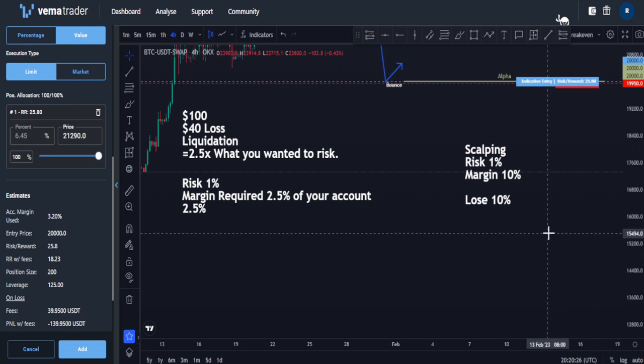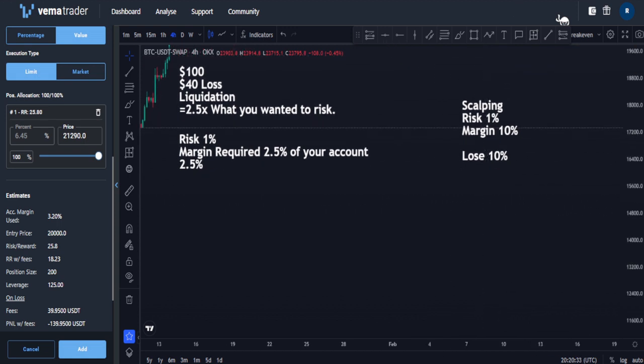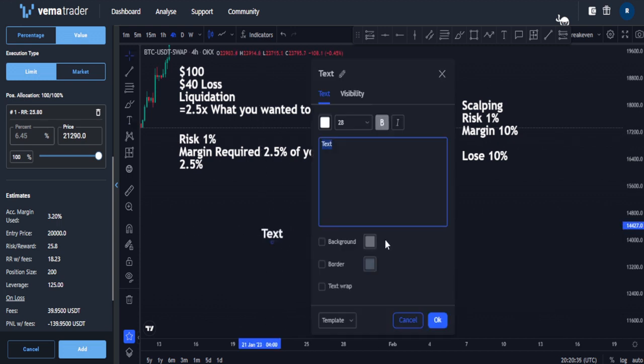If you get liquidated at max leverage with a ton of your margin tied up, that can put a huge dent in your account. And I'm sure a lot of you guys have seen, if you lose 10% of your account, you actually have to make back, I think it's like 11%, right? To get back to where you were. So you have to make more than you lose.